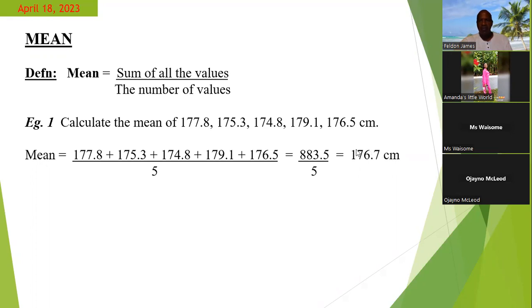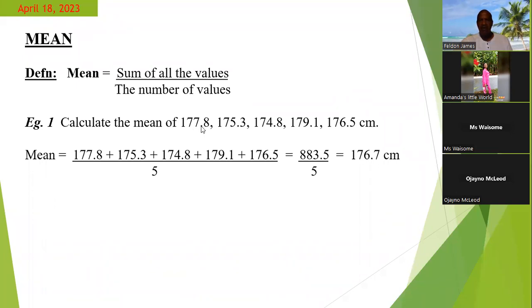Now this value would be the average or the mean value. It would be the single value that represents all the values. And when you really think and compare it to the other values, you will see that the mean here is supposed to be reflecting the one that is in the middle, right?